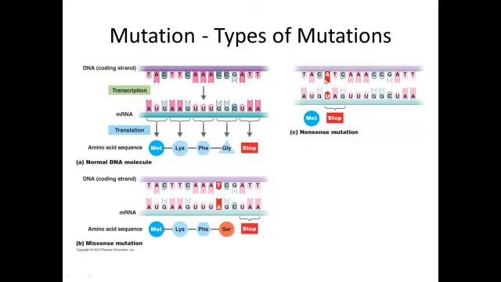Now here's a situation where this T gets changed to an A and I get an early stop. So I get the first amino acid, and then the mRNA sequence tells the ribosome to stop early. Whenever you get an early stop, we call this a nonsense mutation. Think of it as putting a period in the sentence early. This effectively kills the gene.